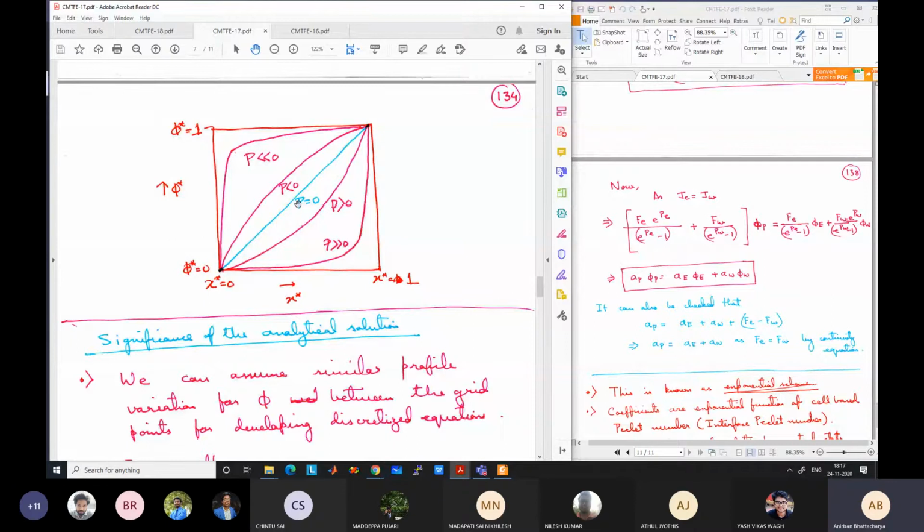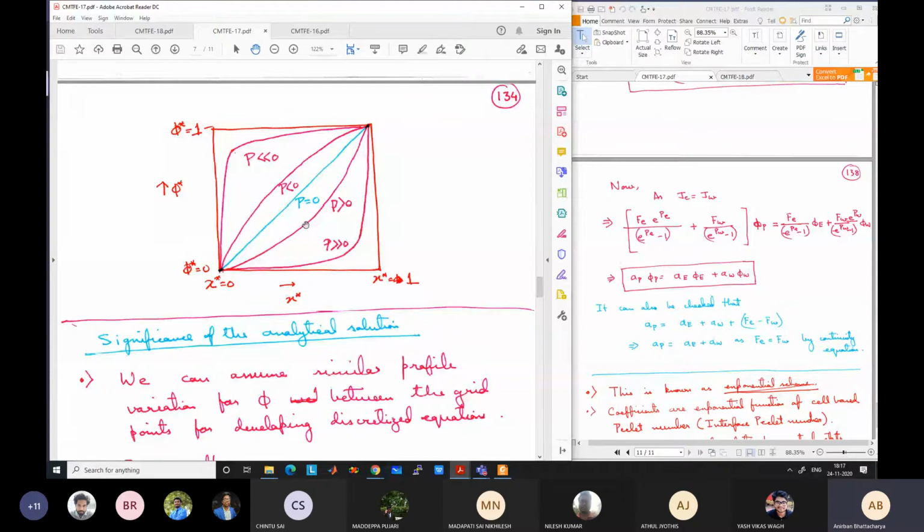And if the flow velocity is 0 or very near to 0, we are somewhat similar to the central difference scheme, where the value at the center is the average of this value and this value.